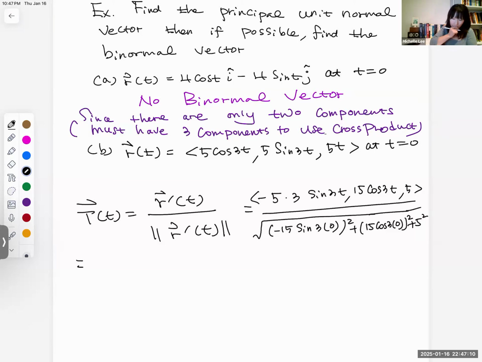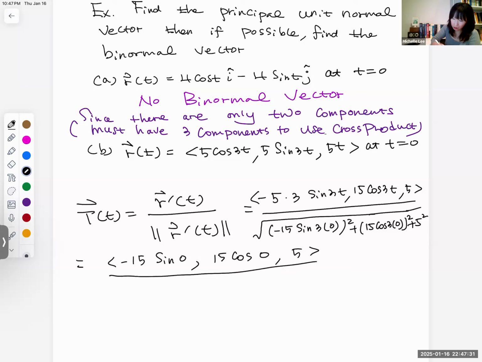Okay. Let's just substitute when t equal to 0. So we have -15 sine 0 and 15 cosine 0, 5 over, okay. The first term is 0, right?